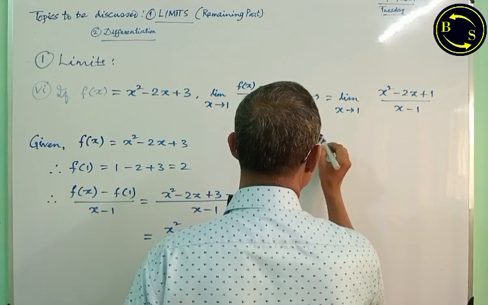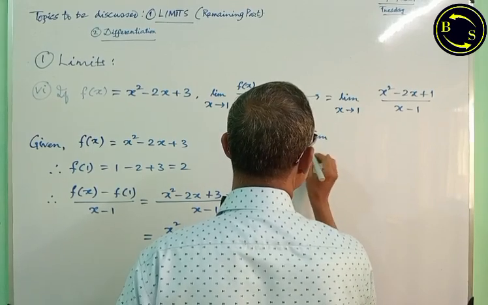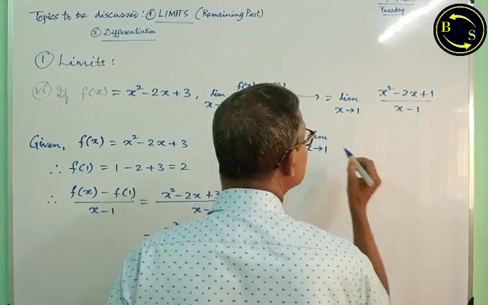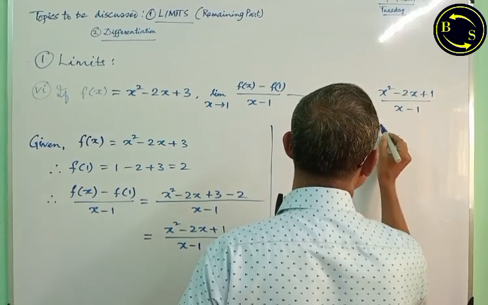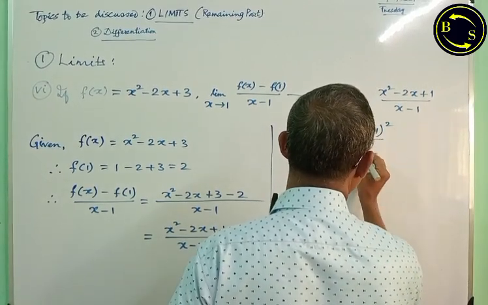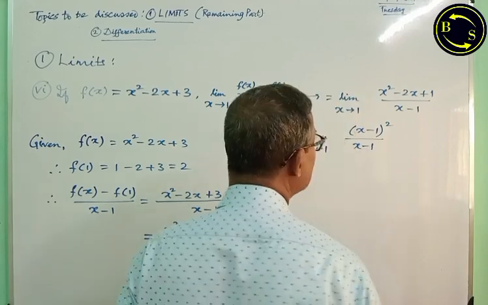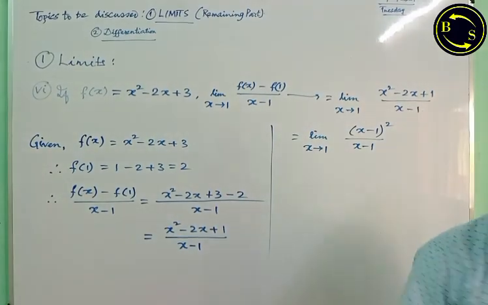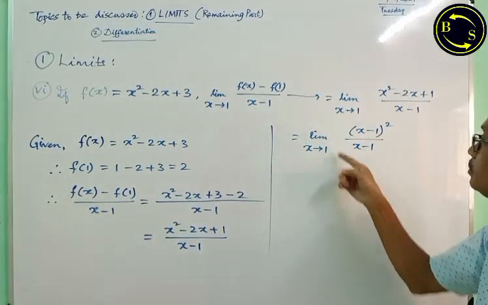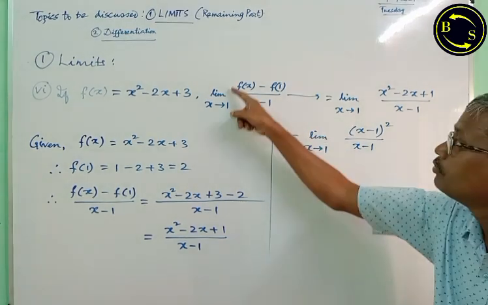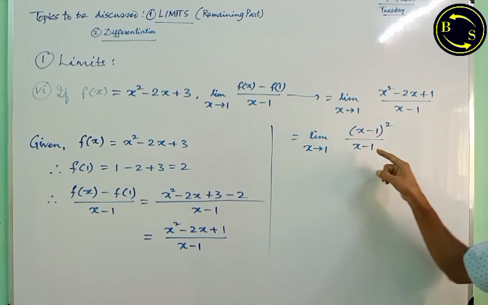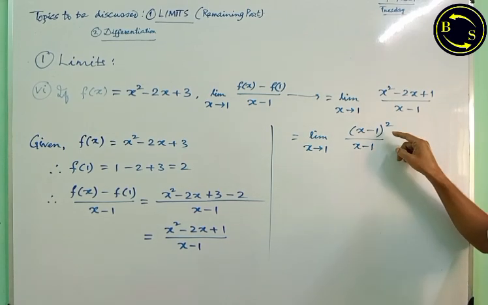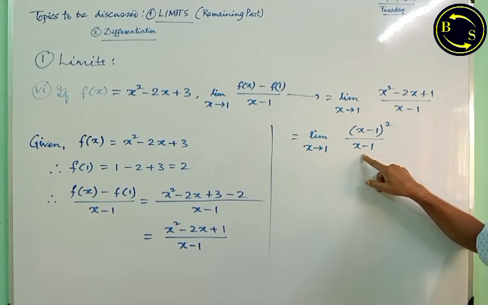Therefore, this is equal to limit x tends to 1, x minus 1 whole square by x minus 1. Finally, we have got this one. Value of this expression is this one. Now, we see denominator is x minus 1.